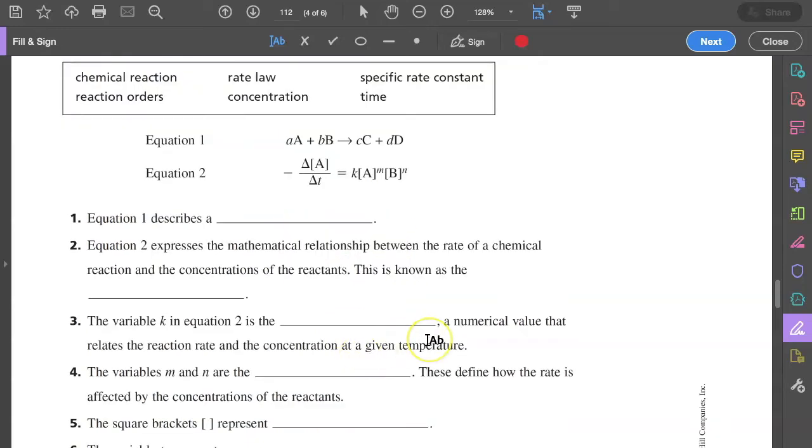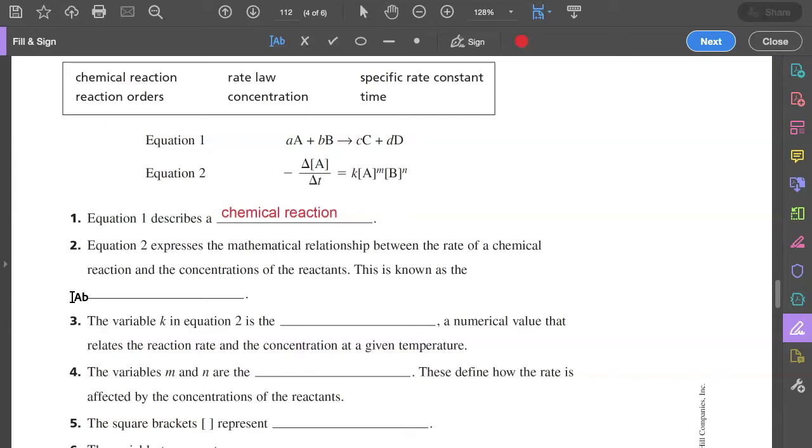So equation 1 describes a chemical reaction, a generic, in this case, chemical reaction. Equation 2 expresses the mathematical relationship between the rate of a chemical reaction and the concentrations of the reactants.